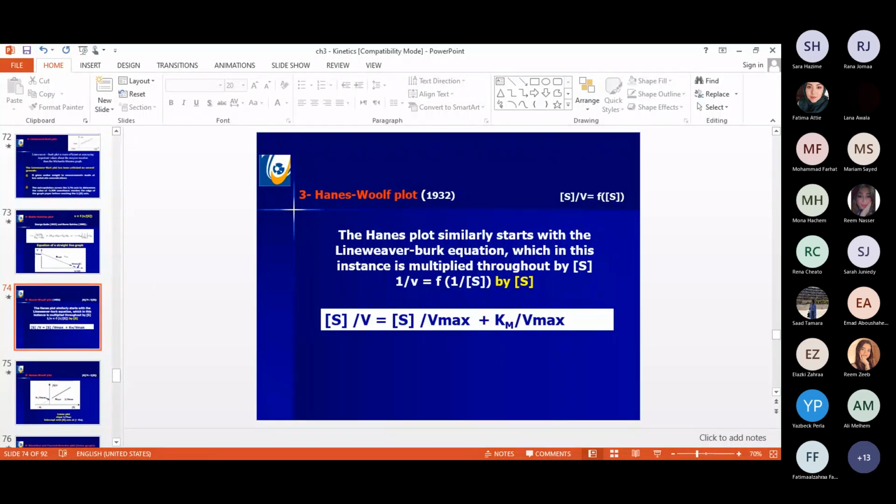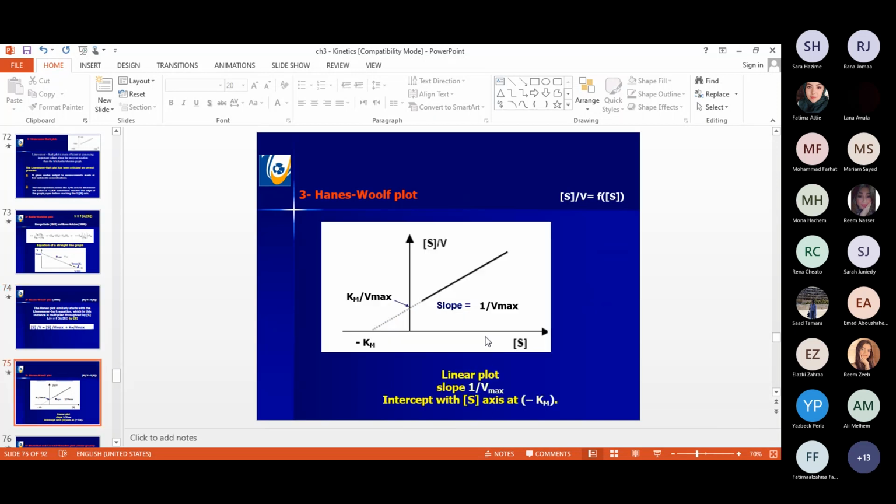When they plotted S over V as a function of S, they got a slope of 1 over Vmax, and for S equal to 0, S over V equals Km over Vmax, and for S over V equal to 0, we get S over Vmax equal minus Km over Vmax, meaning S equals minus Km.